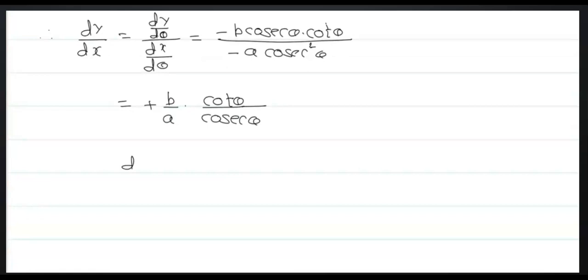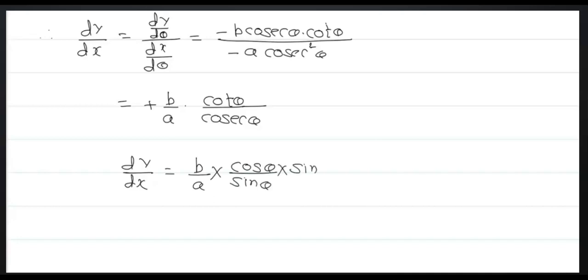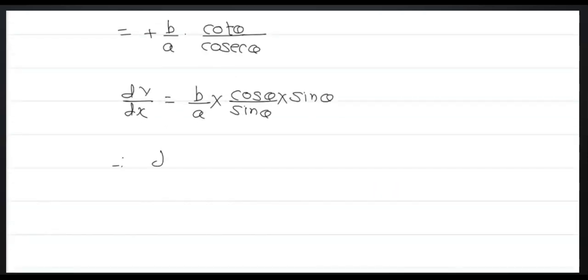Therefore, dy/dx is equal to b upon a, cos theta upon sin theta into sin theta. Sin theta gets cancelled. dy/dx is equal to b upon a cos theta.